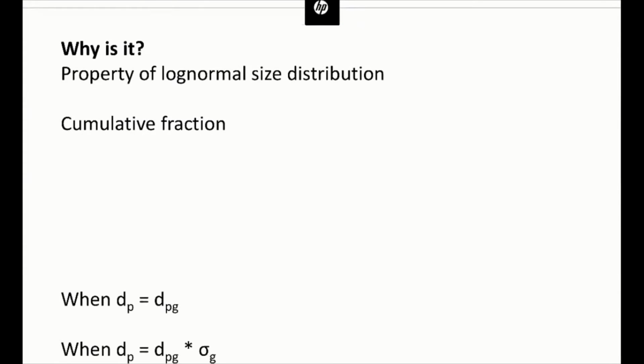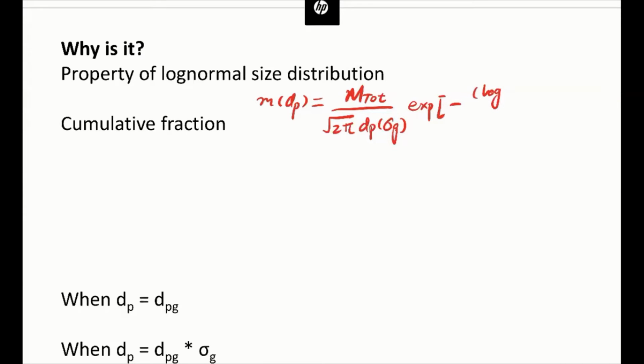so last class we showed that the log normal size distribution follows the equation of m total divided by square root of 2 pi, dp, log sigma g, I forgot a log here, okay, exponential of log dp minus log dpg, divided by 2 log of sigma g squared.